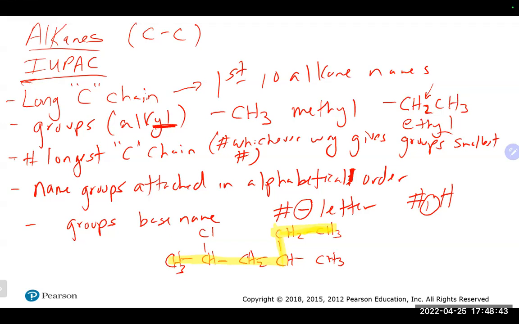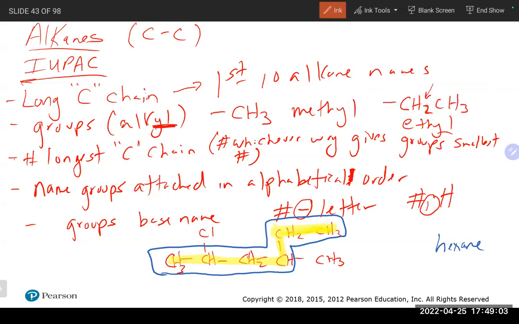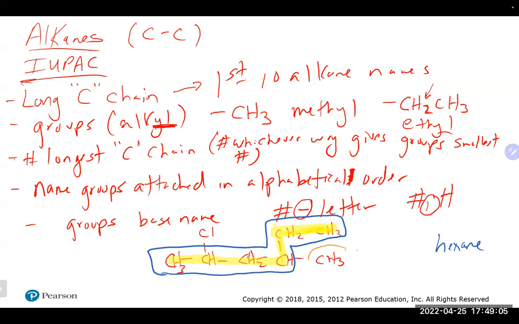Sometimes it's helpful to throw a box around it so we understand that is the main part of the chain. So 6 carbons would be hexane. Coming off of these 6 carbons, we also have things that are attached but are not part of the main chain. We have a group right there, which is a 1 carbon group, known as a methyl group, based off of methane but with the -yl.